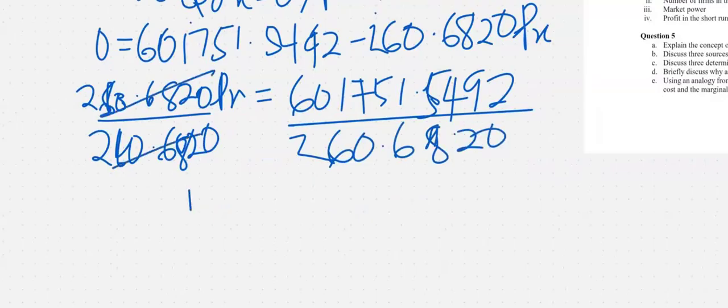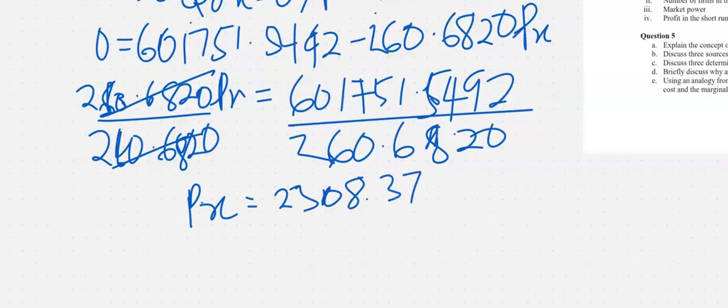PX will be equal to 2308.37. Let's leave it in two decimal places.